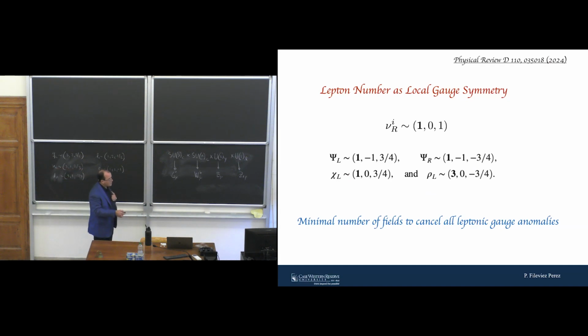To cancel the anomaly, you will need the right-handed neutrinos. It's interesting that you need the right-handed neutrinos, and you get this 4 representation here. Here, I am not listing the QCD quantum numbers because they don't transform under QCD. Then this is a singlet for SU(2), it doesn't have hypercharge. This is a neutral fermion, and it has a lepton number of 3/4.